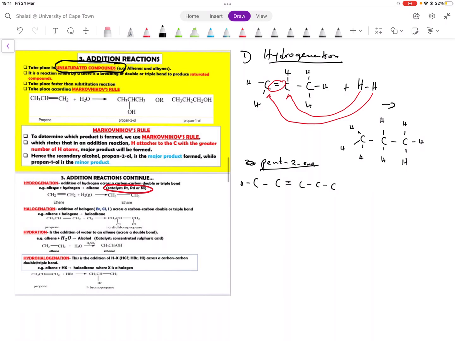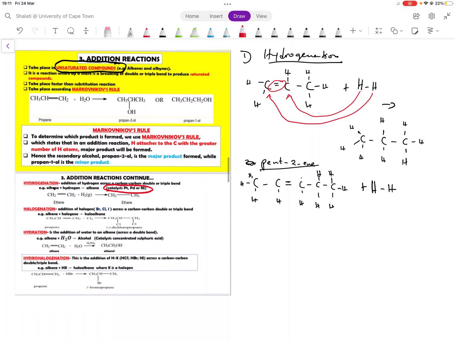The first one has 3 hydrogens, the second one 1 hydrogen, the third one 1 hydrogen, then 2 hydrogens, then 3 hydrogens. I add H2, so let me write it as hydrogen bonded to another hydrogen.